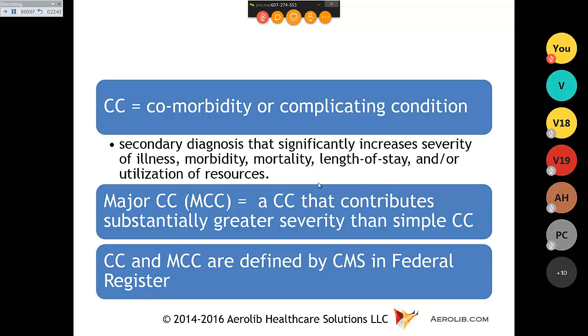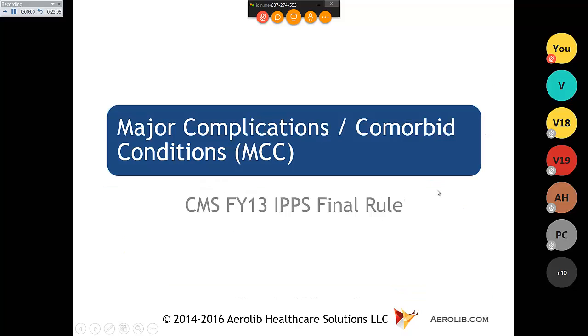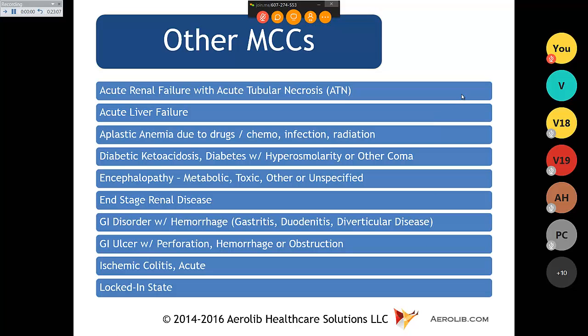They give you more information on the morbidity, mortality, and estimated length of stay, and then also guide utilization of resources. So CCs are comorbid or complicating conditions. MCCs are major CCs, or that contribute substantially greater. A lot of this is semantics. We already know what comprises these, and I'll read.